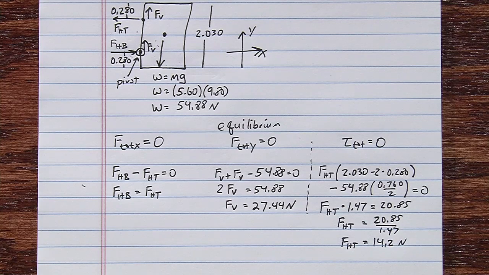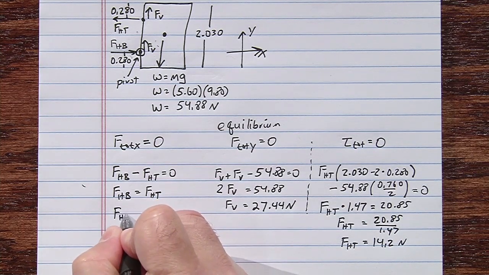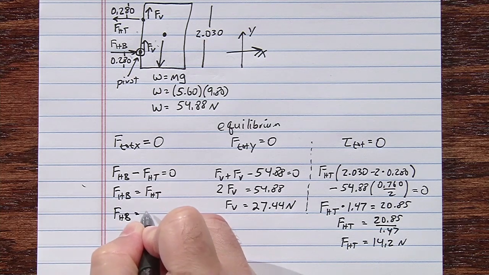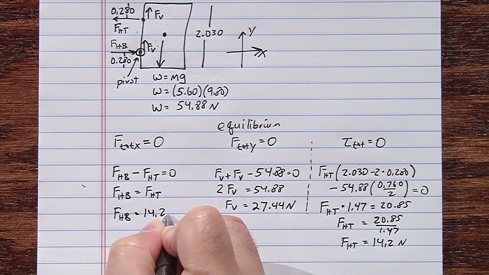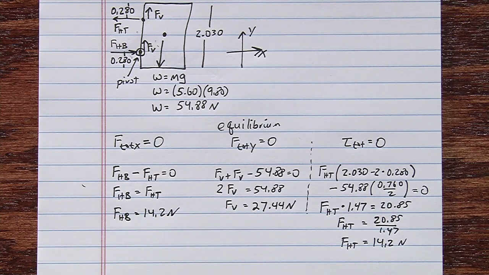And now we have the magnitude of force hinge bottom is equal to the magnitude of force hinge top, which would also be 14.2 newtons. And notice that I didn't get a negative sign for either my force hinge top or force hinge bottom. So I did anticipate the proper direction for force hinge top and force hinge bottom.